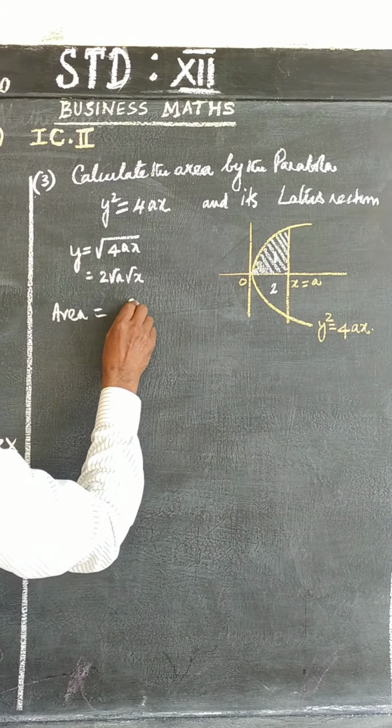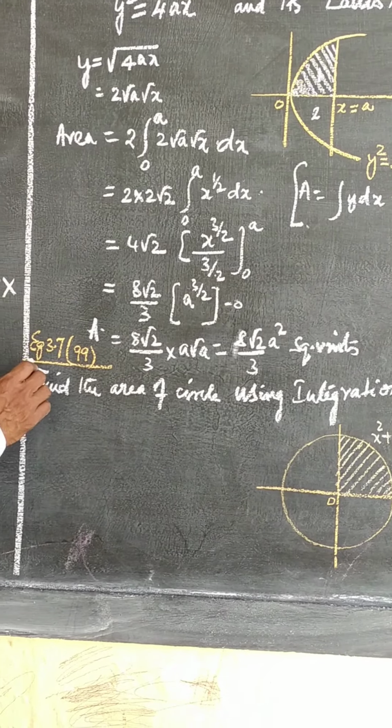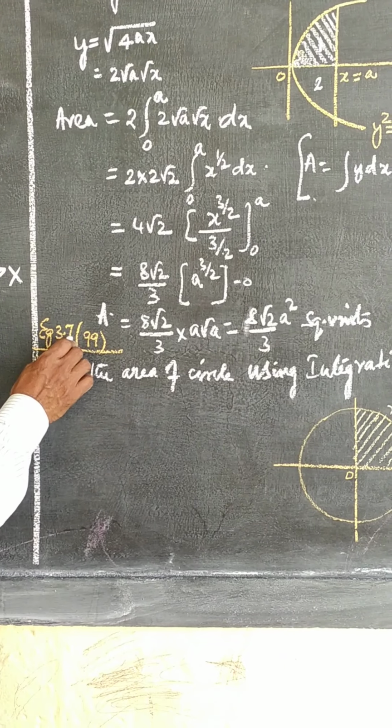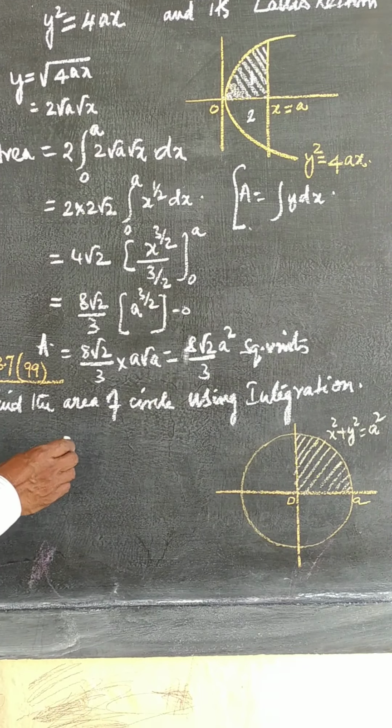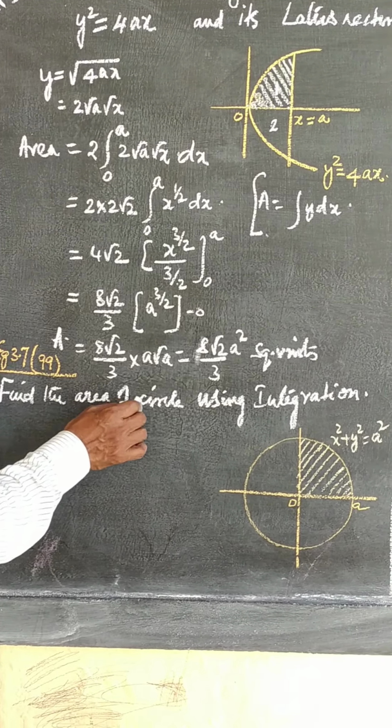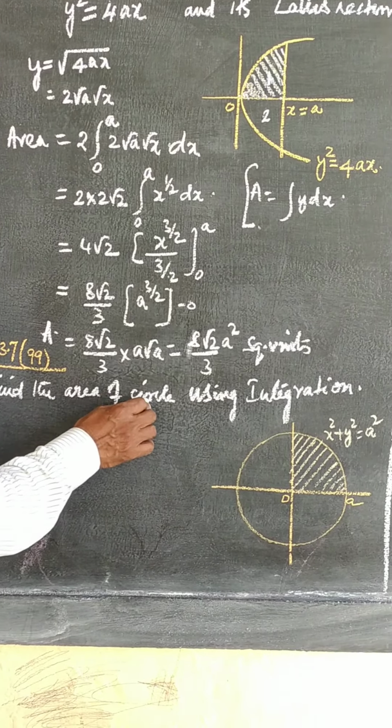This is the area. Now we shall see example 3.7, page number 99, which is a very important question that will be asked as a 5-mark question. Find the area of a circle using integration. That's all the question. Now, the equation of the circle is x square plus y square is equal to a square.